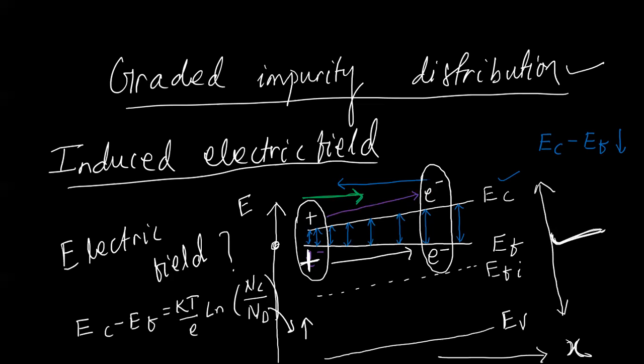So this way you can understand why, in this graded impurity distribution, the conduction band is relatively close to the Fermi energy level when there is a highly doped region, right? Heavily doped region. Okay, so now what we said, the separation of these positive and negative charges will induce an electric field that is in a direction to oppose the diffusion process. Now what will happen? More electrons are moving from high concentration to lower concentration.